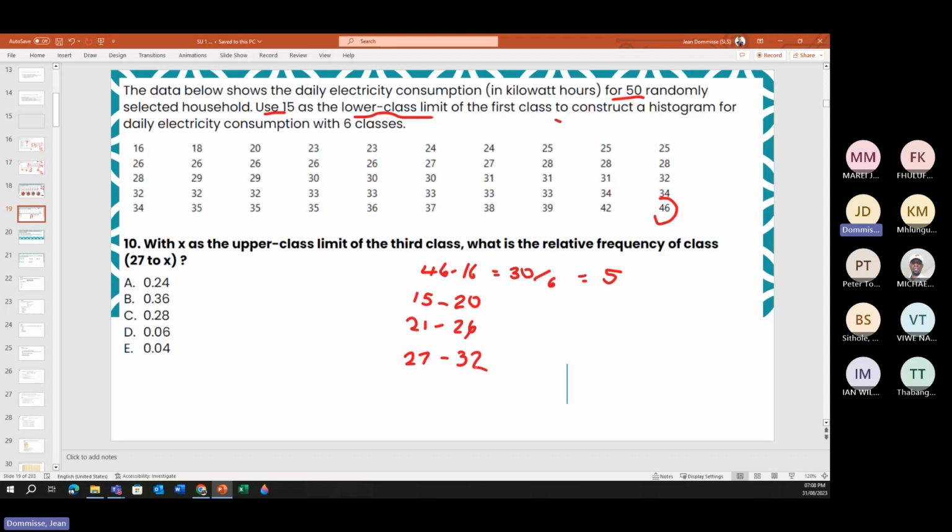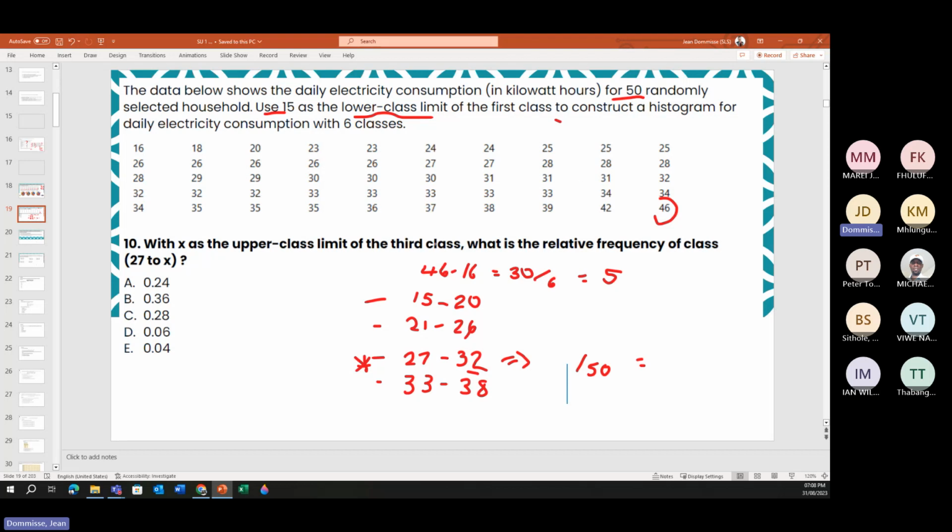So let's just get that sorted. So that's the first one, second, third. Okay, so we only need to look at that one. So 27 to 32. Then we need to basically count how many there are and then divide by the 50 to get a relative frequency.